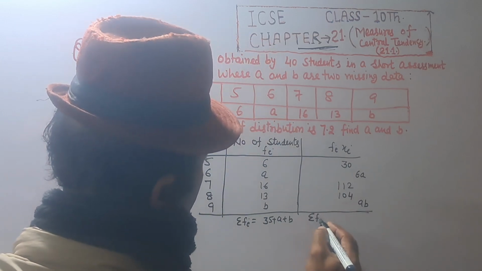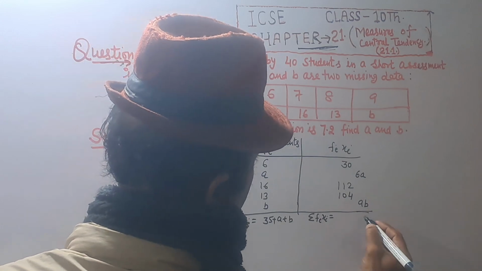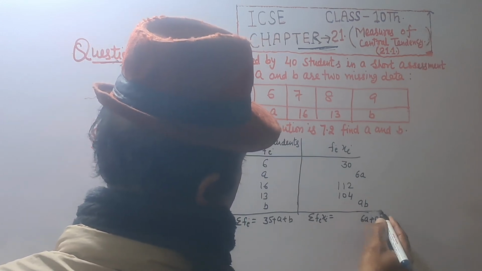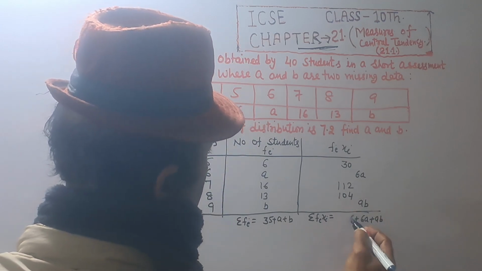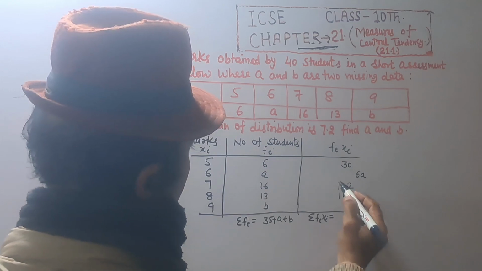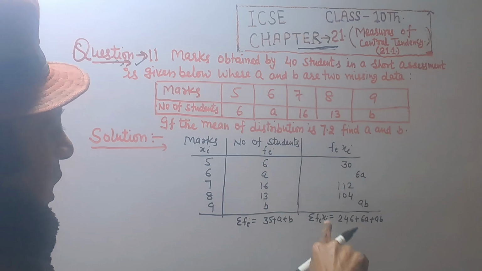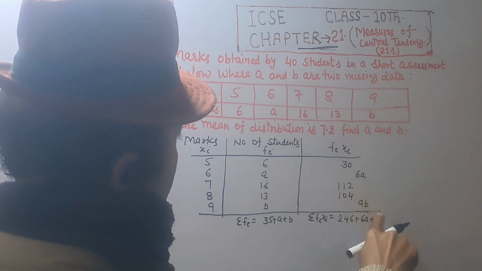Sum of Fi Xi equal to 6A plus 9B, and 4 plus 2 equal to 6, 3 plus 1 is equal to 4, 1 plus 1 is equal to 2. That is 246 plus 6A plus 9B.